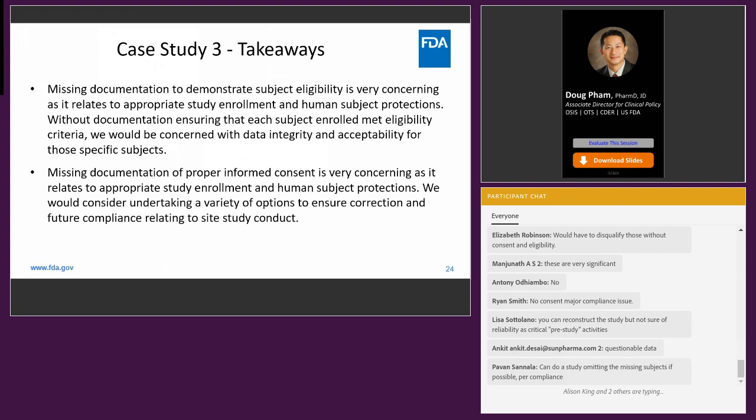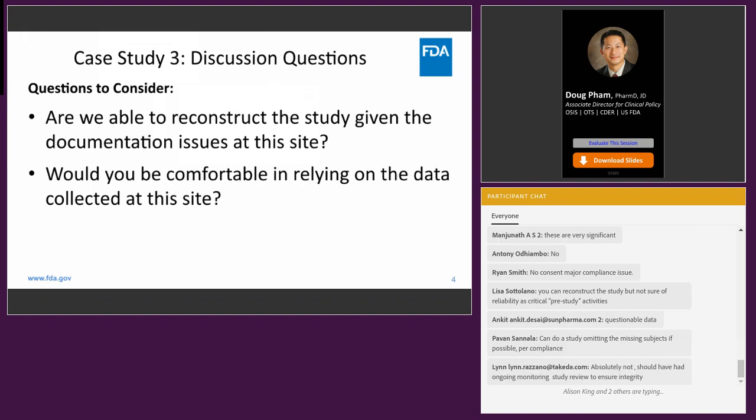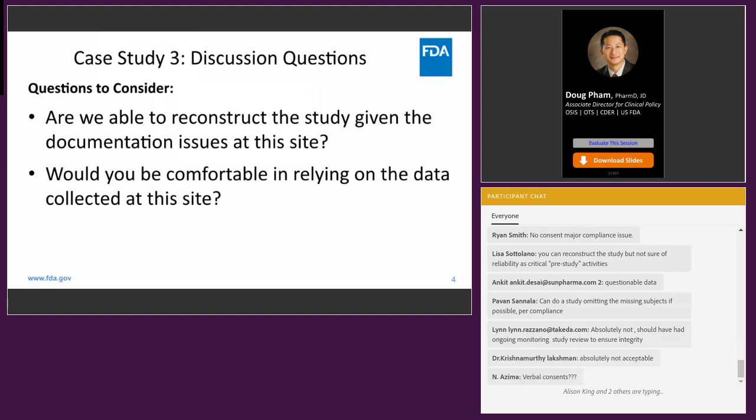So here we have a wholly different issue, right? The first 2 case studies were talking about actual data collected, where the data elements are recorded, the time, all that stuff. It's very specific.